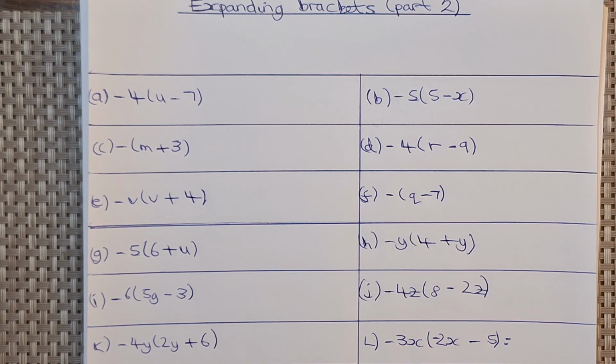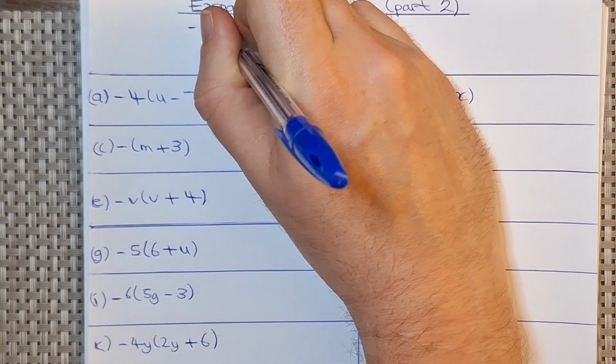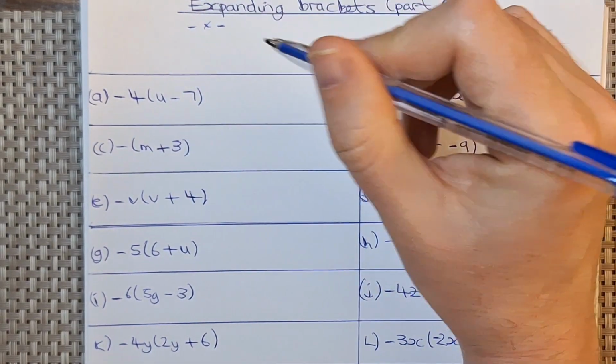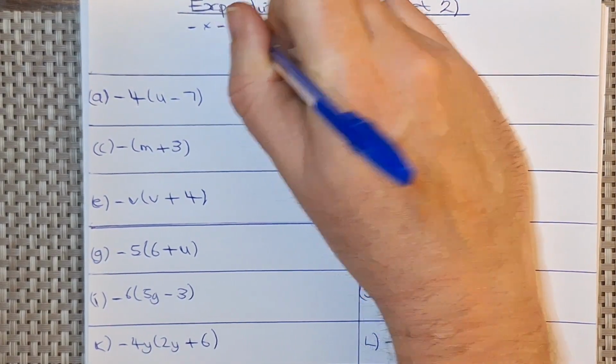So here we have some brackets which we are going to expand. The key thing to remember here is negative numbers. So let's go through quickly our rules on negative numbers. A negative term times a negative term gives a positive number.